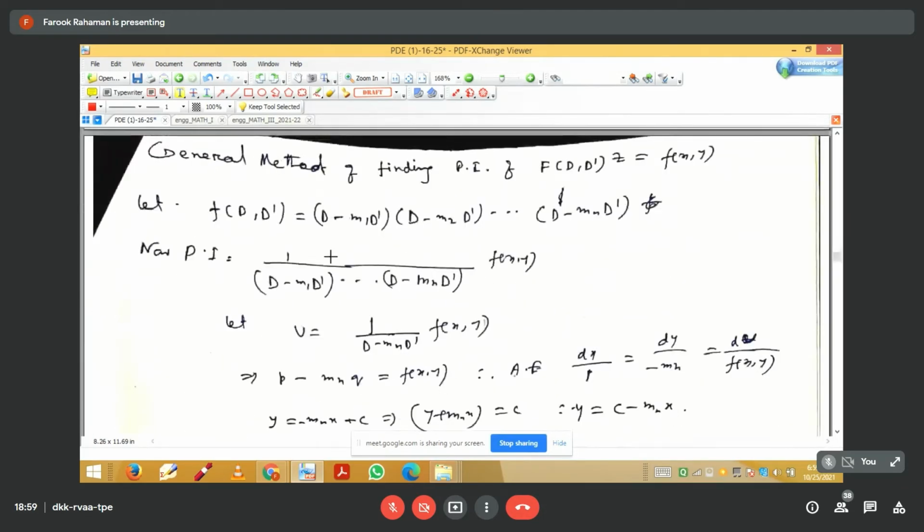Now, the general method. How to find the general method? Any polynomial expression of degree n can be written in product form.